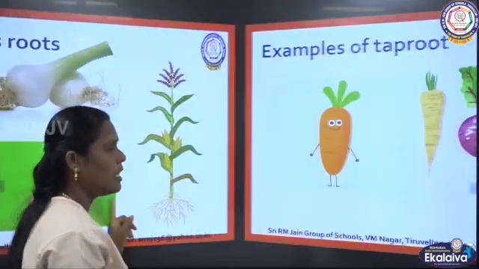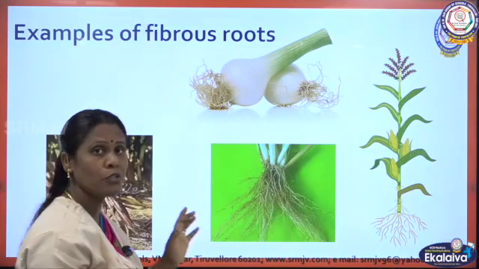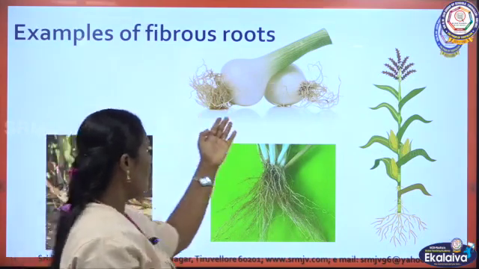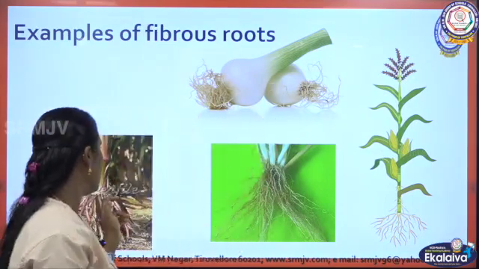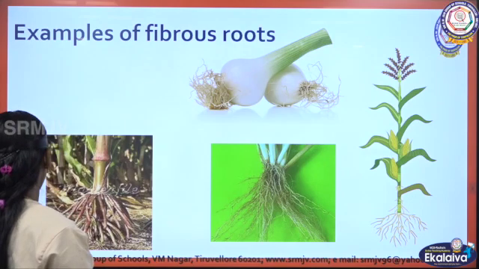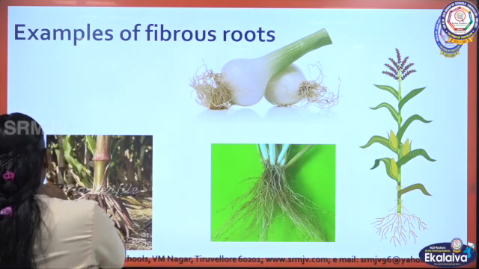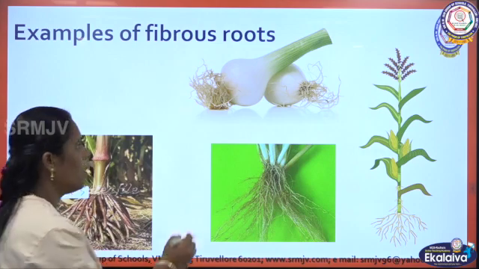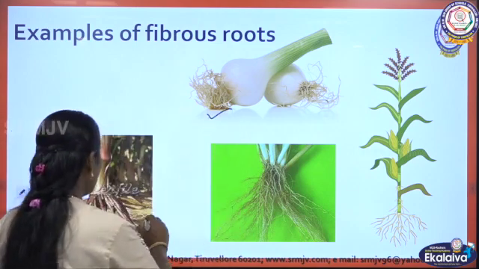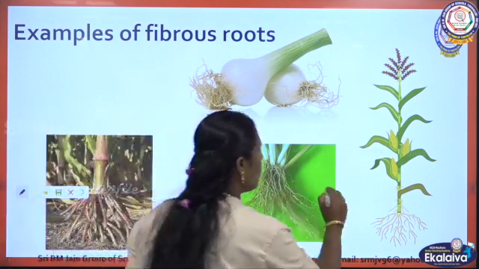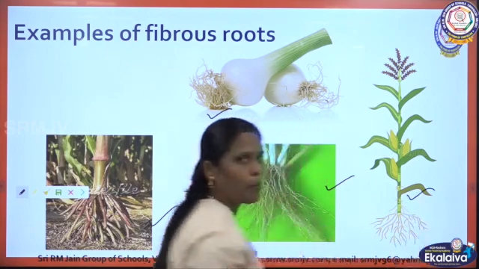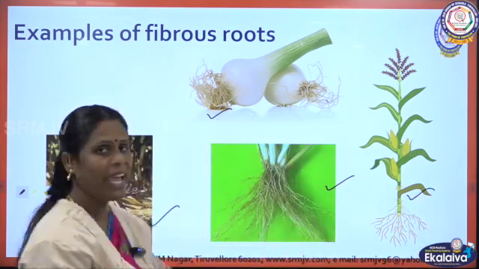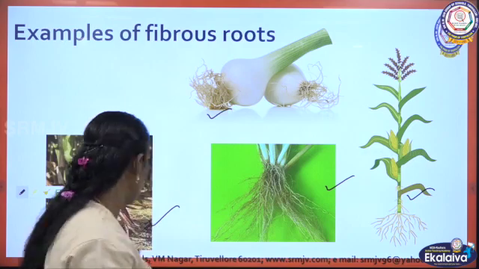Next, examples of fibrous root are onion root, sugarcane root, wheat root and maize root. These are examples of fibrous root.